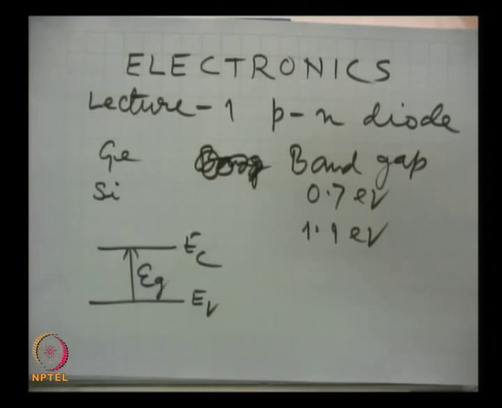Now, in germanium the band gap is small. So, there are two things. One is that because of the smaller band gap, in a pure material germanium and silicon, the germanium will have a higher electron concentration. That means the density of electrons in the conduction band in germanium will be higher than silicon.